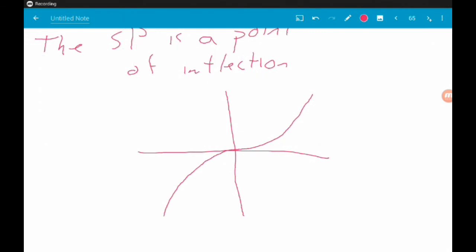So hopefully this is showing you what we do when the second derivative is 0 at a stationary point, and hopefully this video has helped to explain why the second derivative is positive at a minimum but negative at a maximum. So in the next video we're going to look at classifying stationary points in much more difficult, exam type question curves and functions.